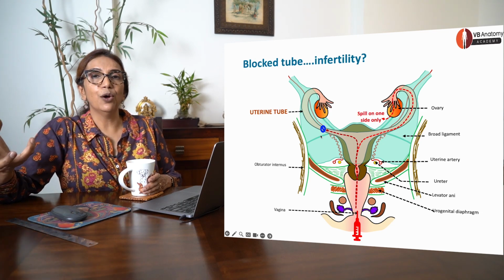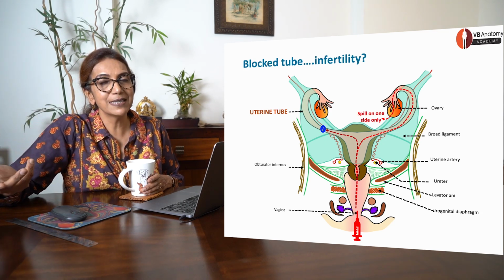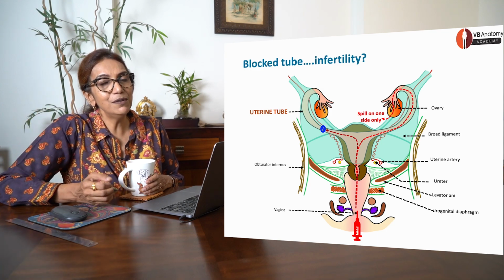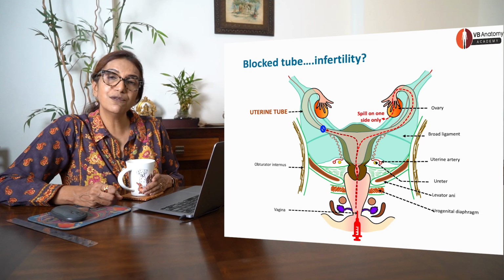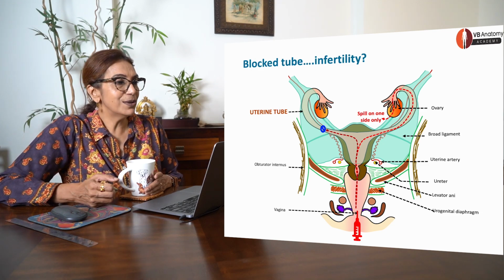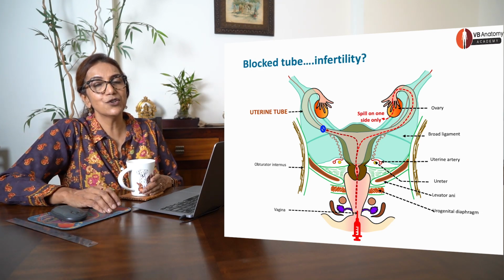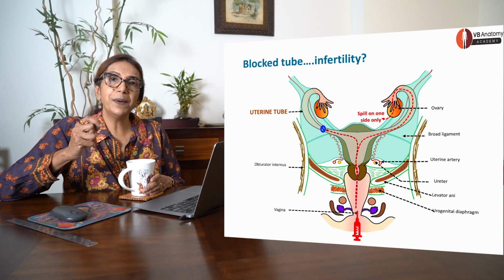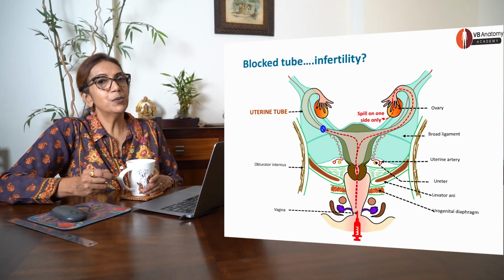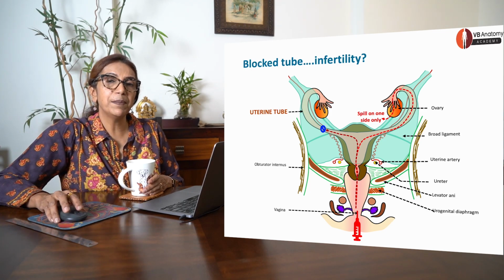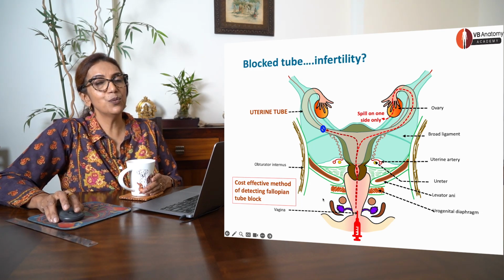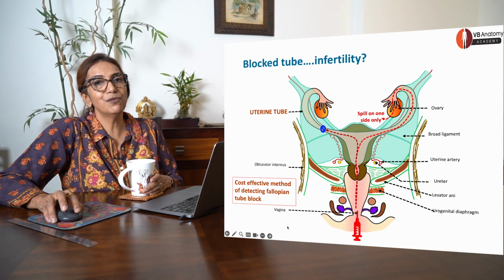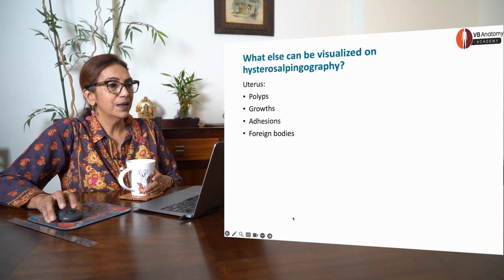That the spill of the dye is present only on one side, indicating that one of the fallopian tubes is blocked. Can that be the cause for the patient's infertility? So this is how investigations are carried out to look for patency of the fallopian tube. The procedure is called hysterosalpingography. It's a very cost-effective way of investigating for fallopian tube block.